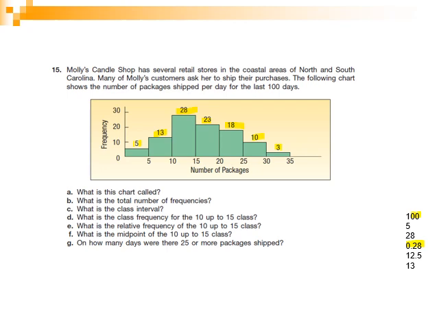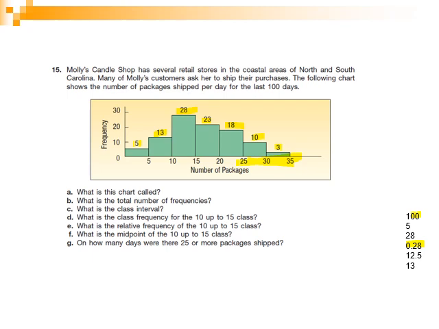I mean, there were 25 or more. So 25 or more is the two classes, the final class and the previous class. So we add the two frequencies for this, which is 10 plus 3 equal to 13.